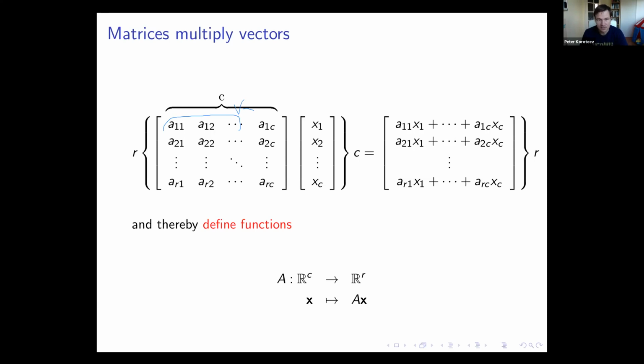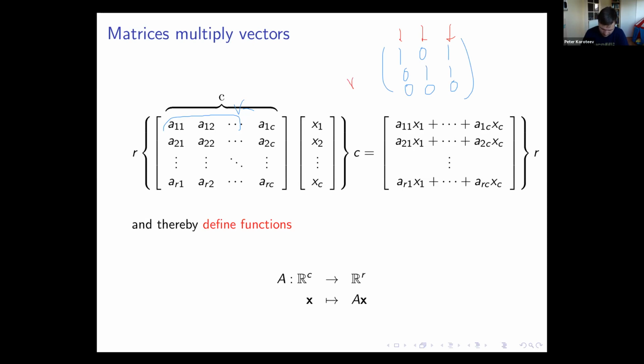It's the maximal number of linearly independent vectors that form the matrix. So for example, if you have a matrix like this, 1, 0, 1, 0, and then 1, 1, 0, its rank is equal to 2, because this column and this column are linearly independent, but this one you can write as the sum of the first two.